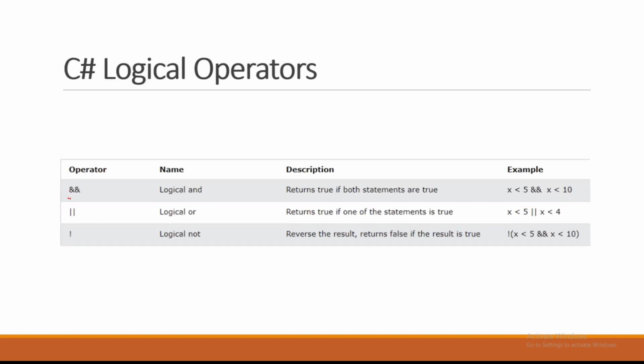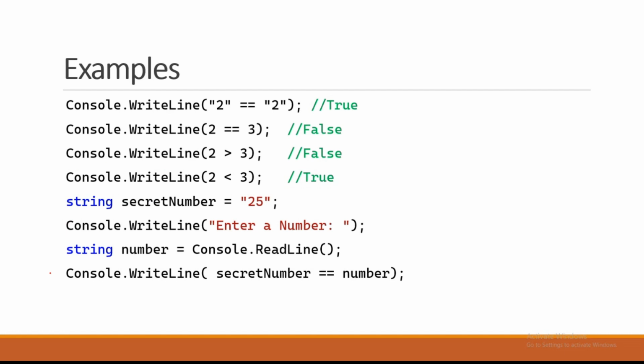Logical operators also: and, the double ampersand, or the word and, we can use like this, or the double vertical line, or the word or, and the exclamation mark is logical not in C sharp. Yes, you can use these in C sharp.